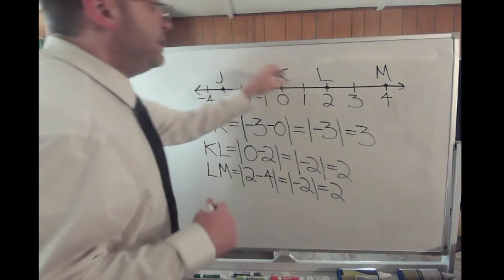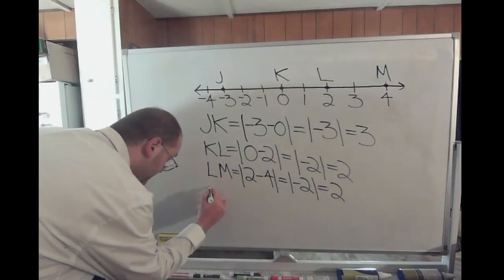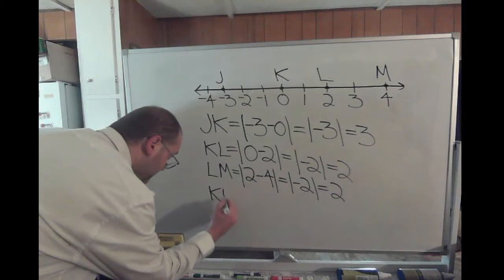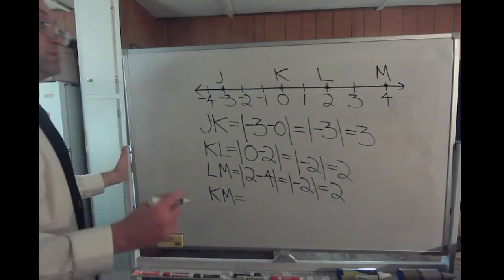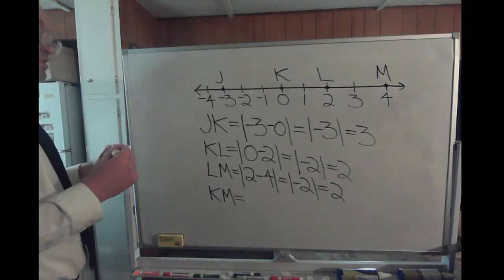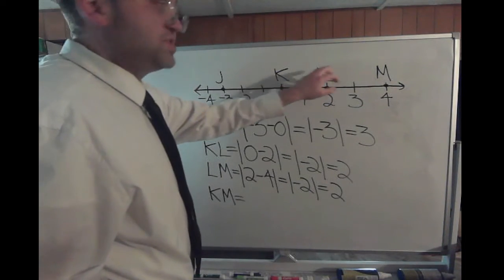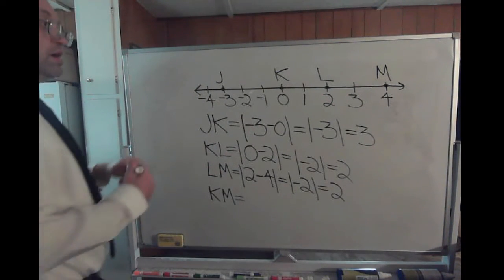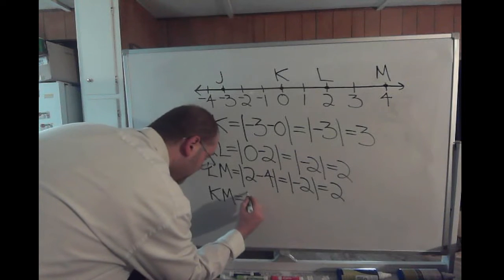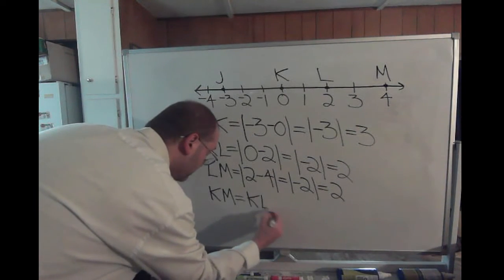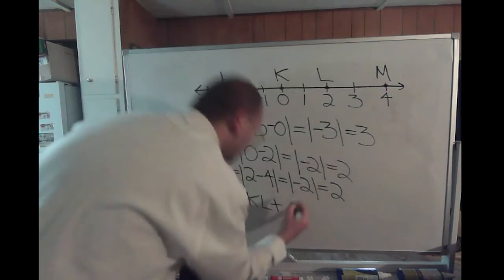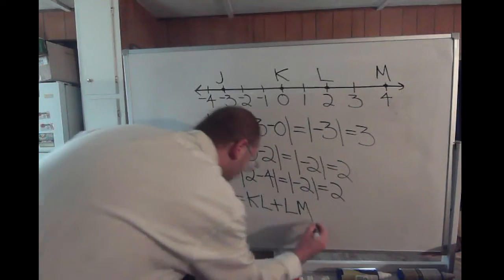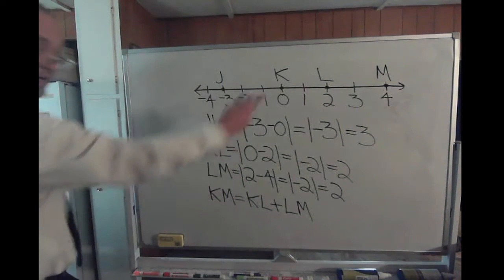Now, what if I'm asked to find KM? This time I'm tasked with finding the length of KM. I can use the segment addition postulate to do that, because isn't point L somewhere between K and M? All I would have to do is take the length of segment KL plus the length of segment LM. That would give me the entire length of KM.